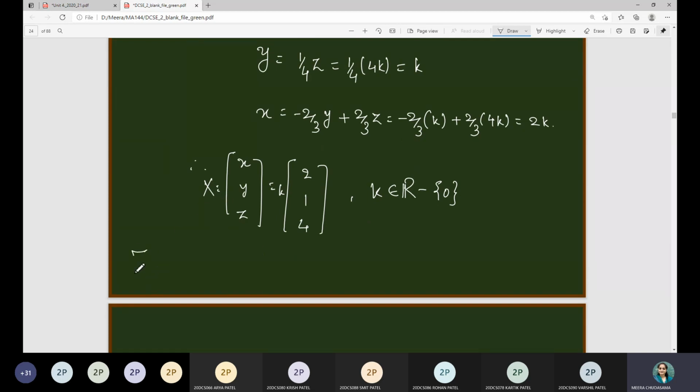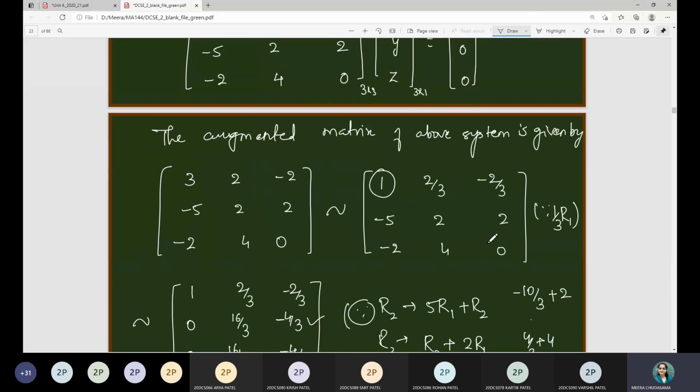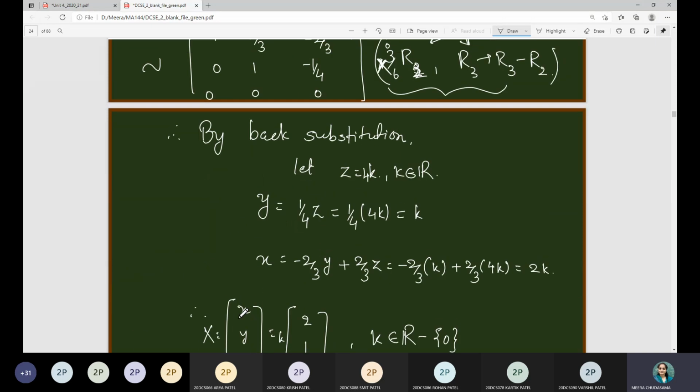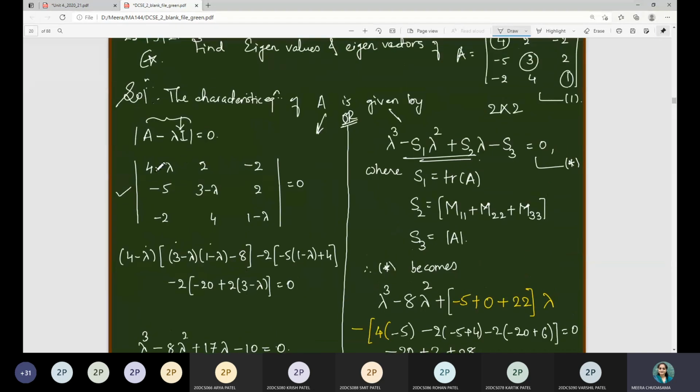Now for lambda is equal to 2, again we have given it as Roman 1, no? Let me see. Yeah, so directly we can write. Where will the elements change in that expression? Here 4 minus 2, 3 minus 2, 1 minus 2, so it will be 2, 1 and minus 1, right?